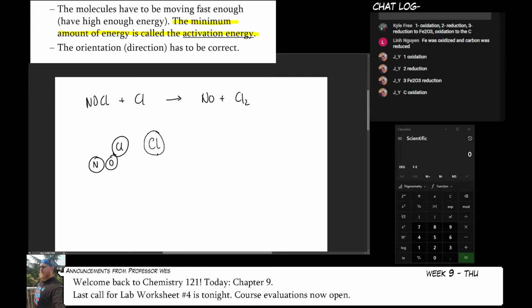So, if I am looking at this from the perspective of orientation, my collision has to occur somewhere in here.